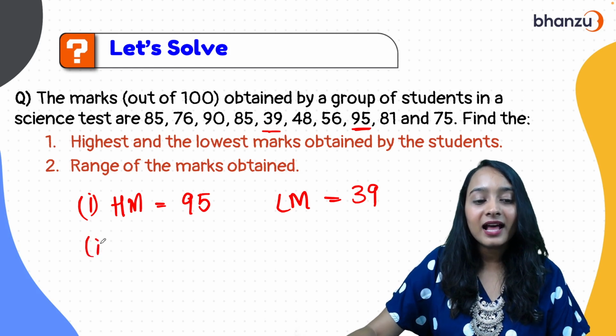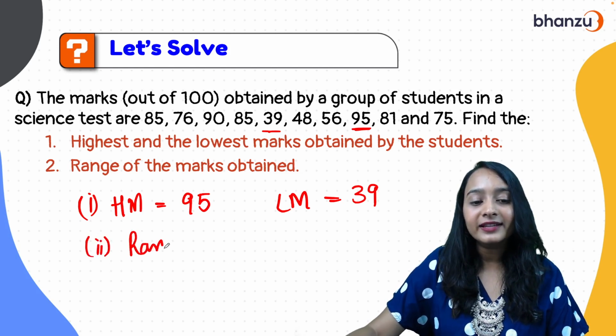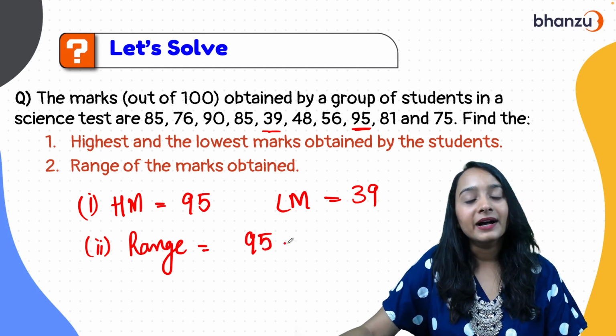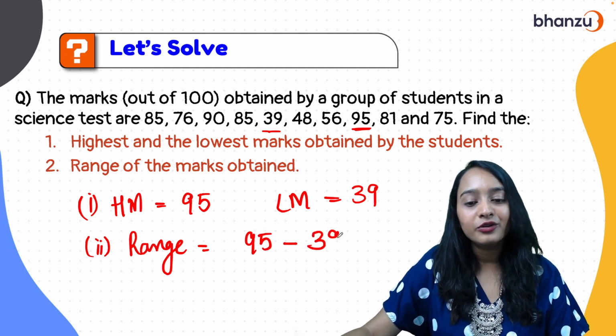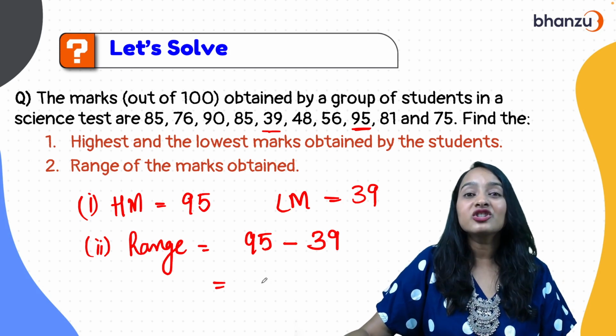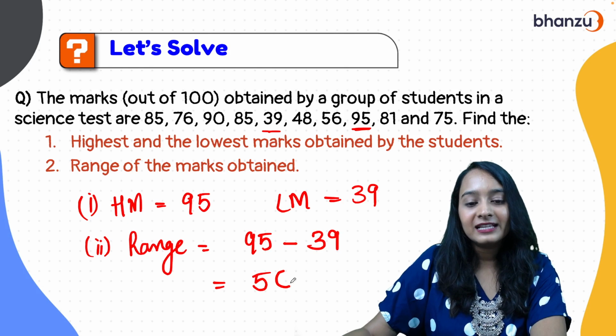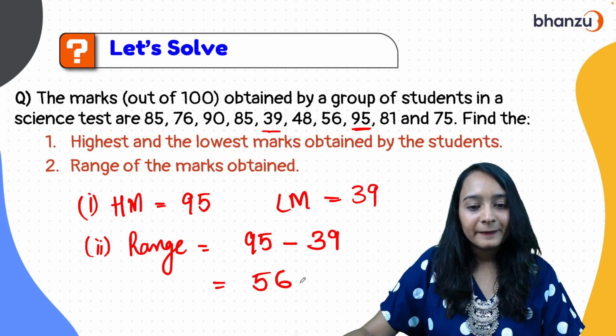Now, what are they asking us to find? They're asking us to find the range of the data. Highest value minus the lowest value will give you the range of the data. So the answer here is going to be 56. Oh, 1 minute.